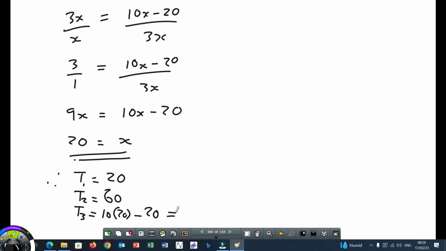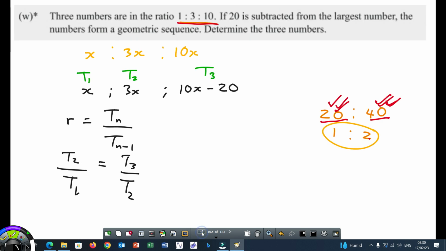Okay, so that will be 180. But in our geometric, it doesn't ask for the terms in the geometric sequence. Let's see. Okay. Alright. In this case, it's not the terms in the geometric series.